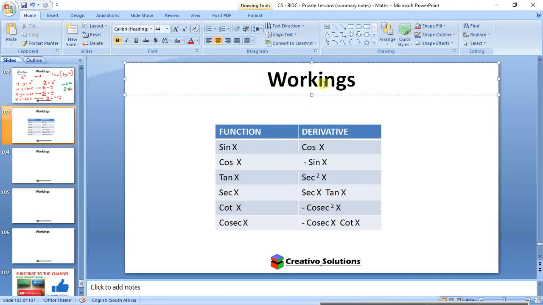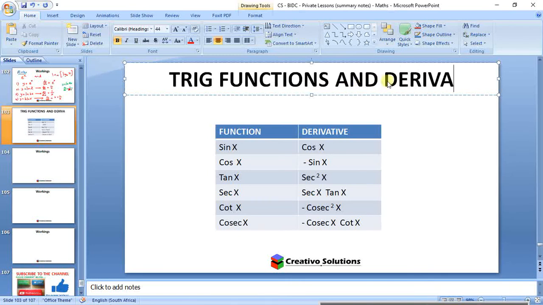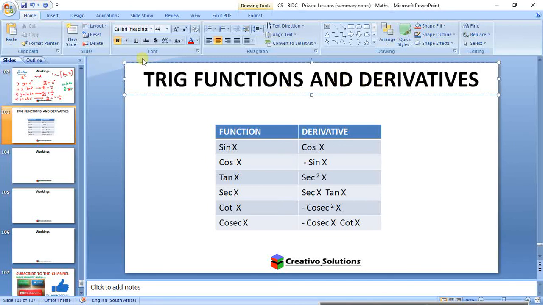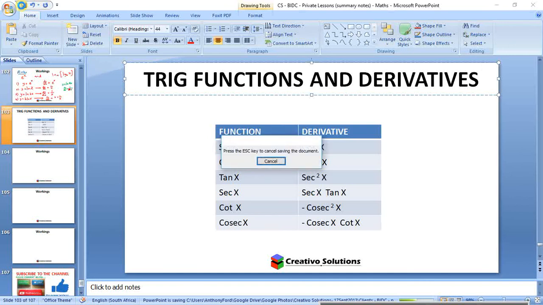These are trig functions and derivatives. That's when I'll use this. If I'm ever faced with a question where I have tan, cos, whatever, I need to apply that. Another section completes.